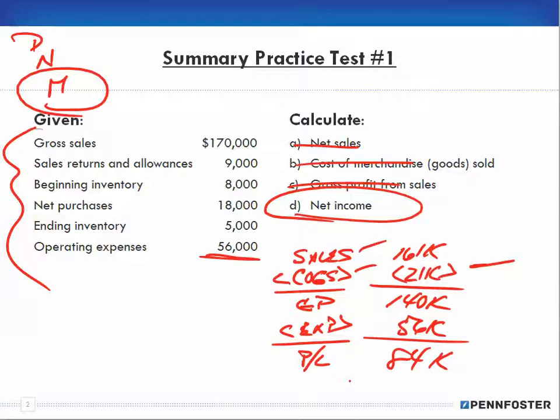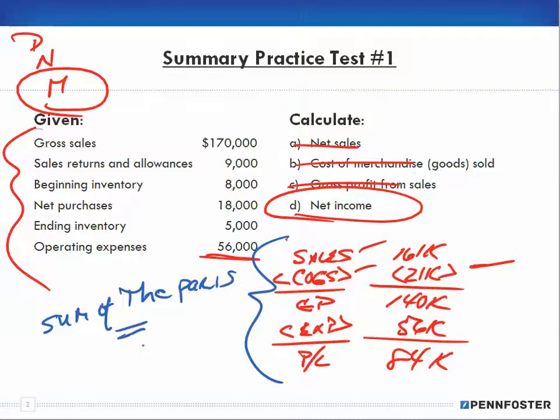Now, the whole point I'm trying to get at here is that if you understand the entire structure of something, then you can figure out the parts. The sum of the parts is equal to the whole.